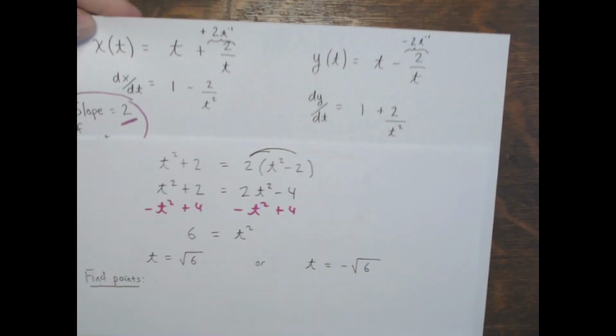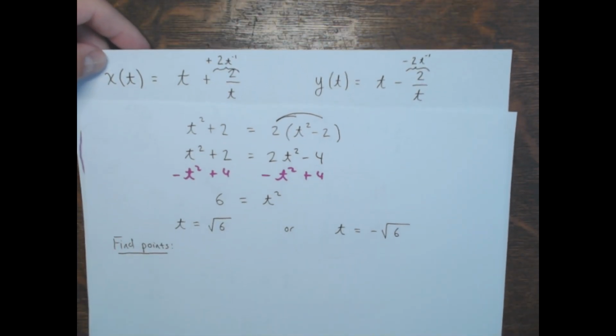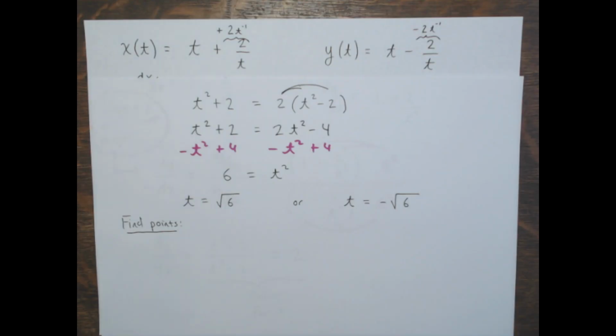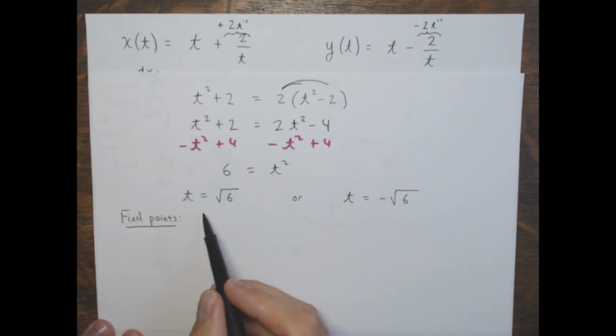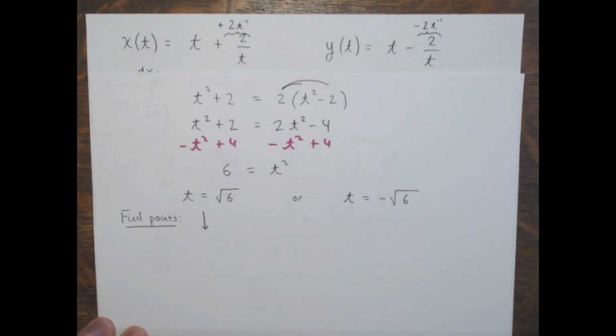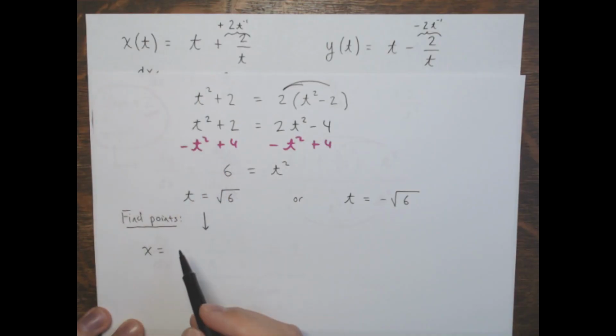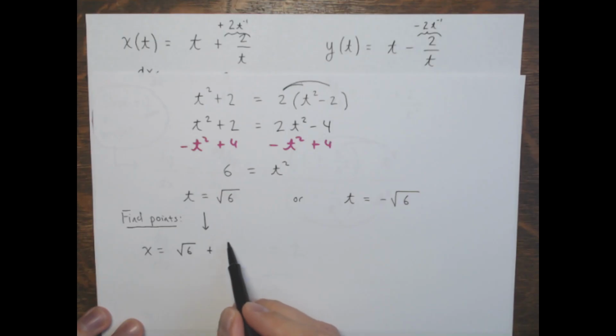And so going back now, here were the parametric equations up top. So start with when t equals square root of 6. The value of x when t equals the square root of 6 is the square root of 6 plus 2 divided by the square root of 6.